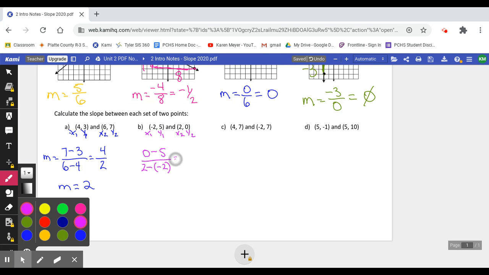On the top, 0 minus 5 is negative 5. But on the bottom, what happens with minus a negative? Well, minus a negative is just like saying a negative times a negative. So you should switch that to a positive. So it should be 2 plus 2 on the bottom. So therefore, your final answer would be negative 5 over 4.